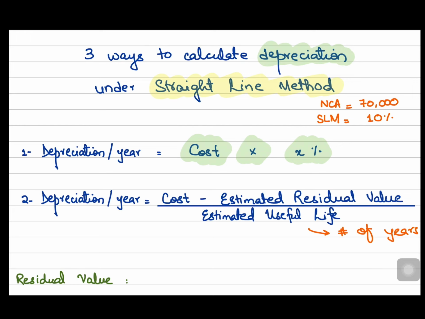I will multiply 10%, that is the rate of depreciation under straight line method, with its cost. So this will give me a depreciation charge of 7,000 every year till its useful life, right? So if we are given the cost and the percentage rate, then we will be using this formula to calculate depreciation under straight line method. So this is the first method.